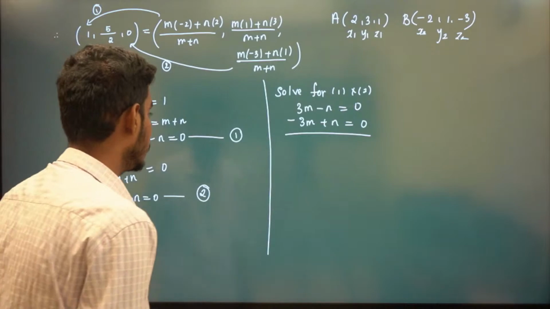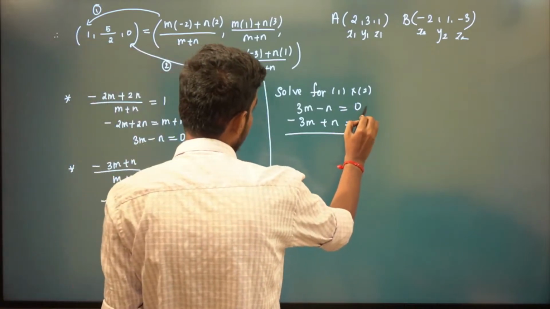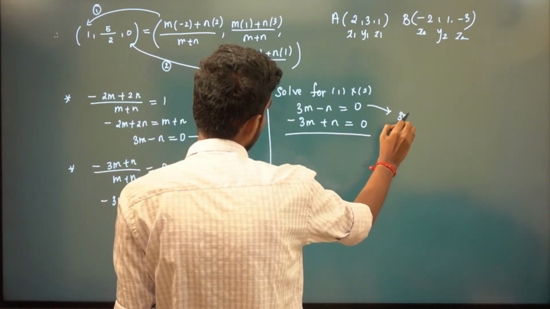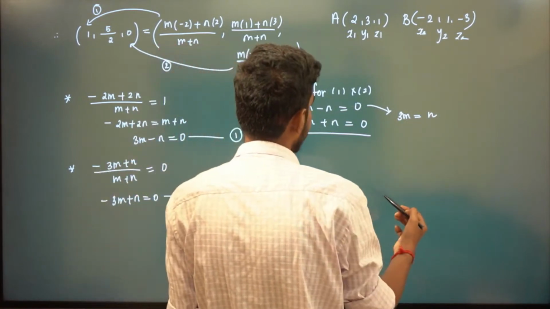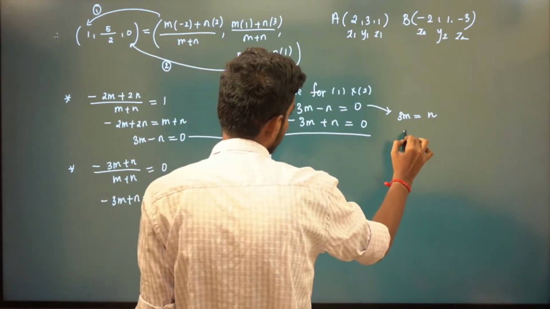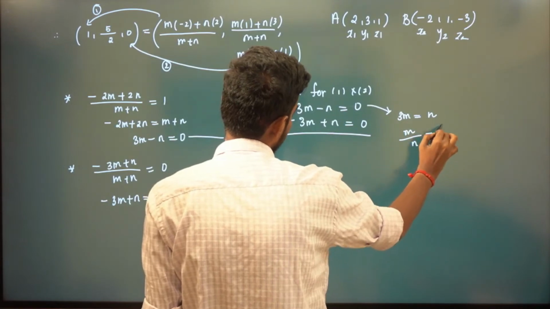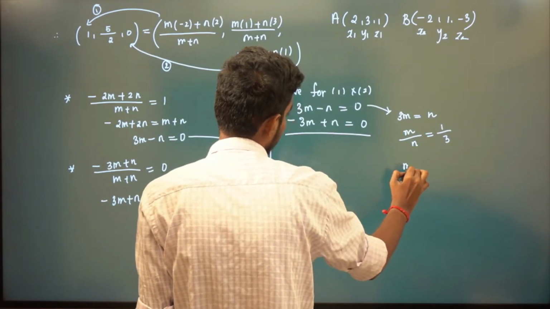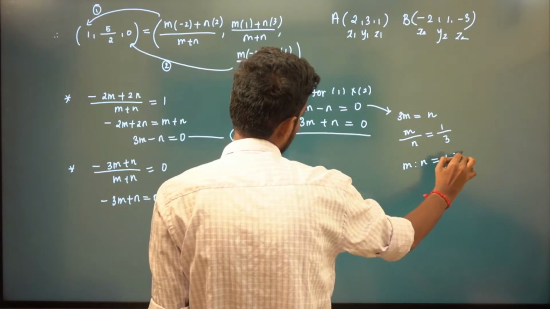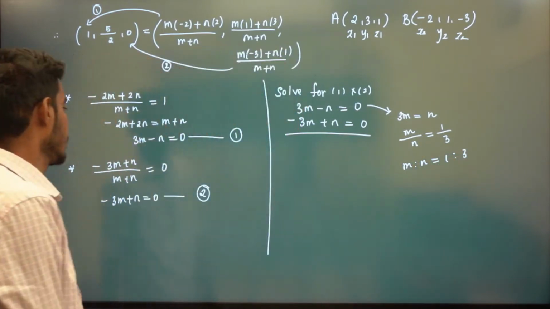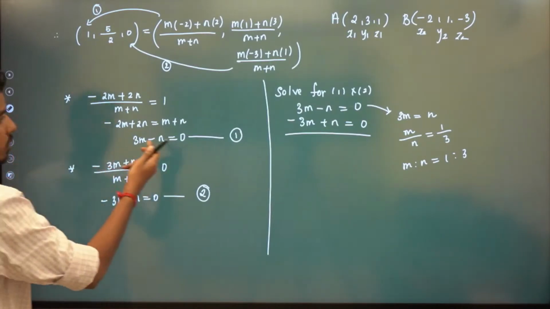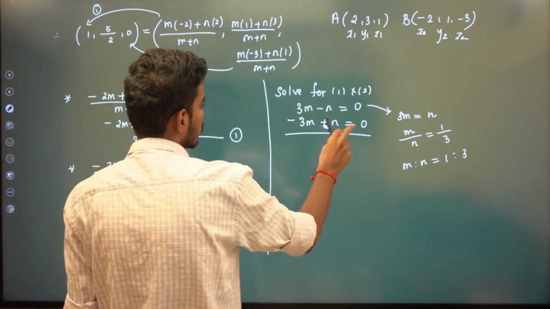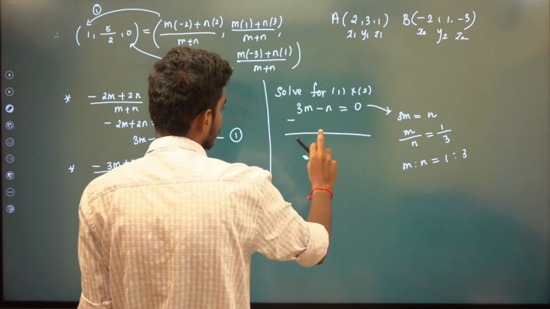Yes, you'll get infinitely many solutions, but no problem, right? You just have 3m equal to n. So that means we need to find only the ratio. So m by n is equal to 1 by 3. So m is to n is 1 is to 3, right? We need to find only the ratio.